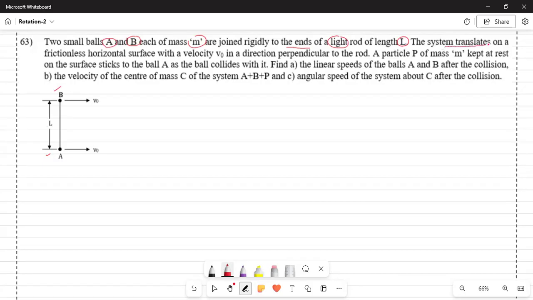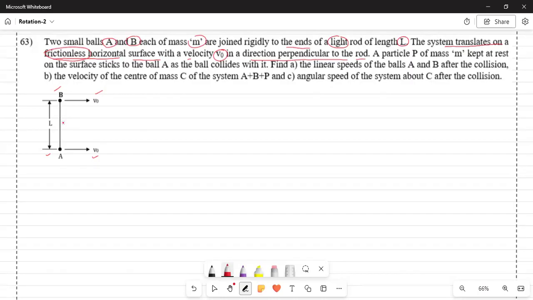The system translates on a frictionless horizontal surface with a velocity v naught in the direction perpendicular to the rod. That means this is v naught, this is v naught, and the couple is a kind of dumbbell.